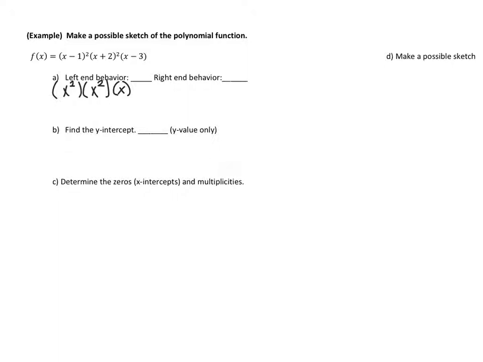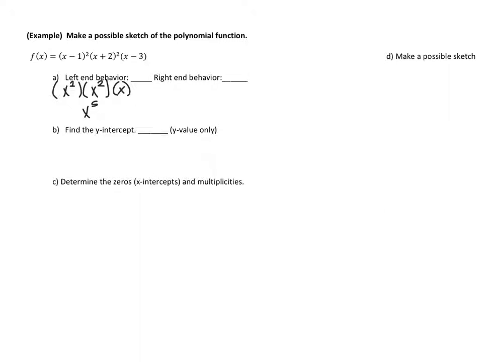So if I multiplied these, I would get x squared times x squared times x to the first. If you remember, when you multiply those together, you add your exponents, and that gives you x to the 5th. So my leading term for the whole polynomial is x to the 5th. This is very much a shortcut because it would take you forever to multiply the whole polynomial out. So this is exactly how I would do this.